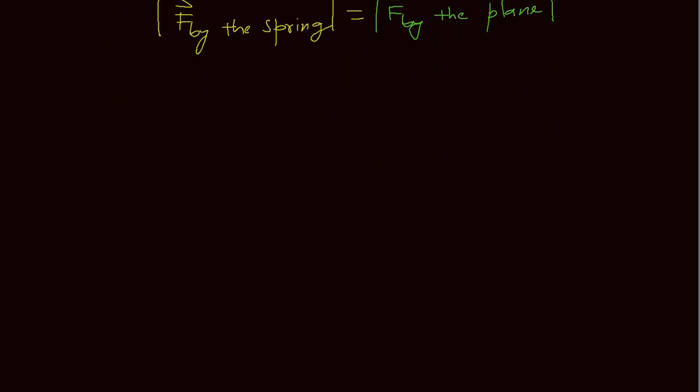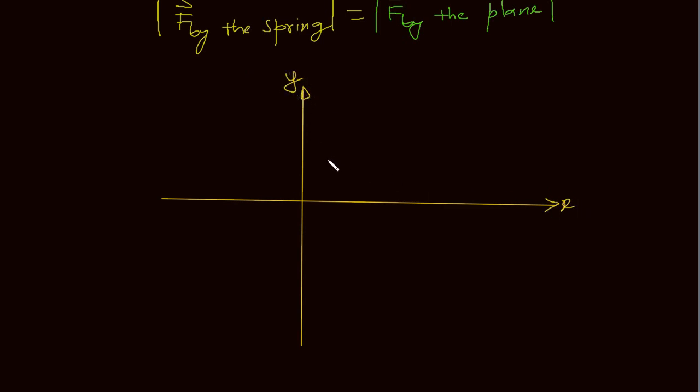So let me draw this on an XY diagram. This is my y-axis, this is my x-axis, and let me draw all three variables, all three vectors.